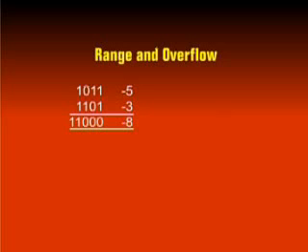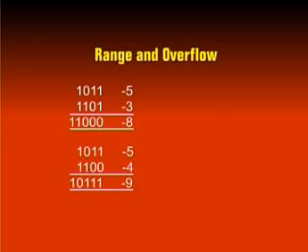The answer is -8. As you can see, the binary representation is 1, 1, 0, 0, 0. If you discard the carry, the answer is 1, 0, 0, 0, which in fact correctly identifies -8 in its 2's complement form.